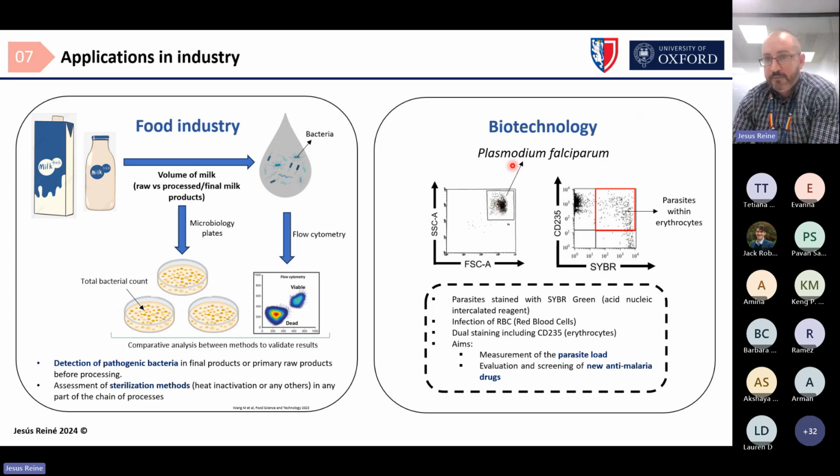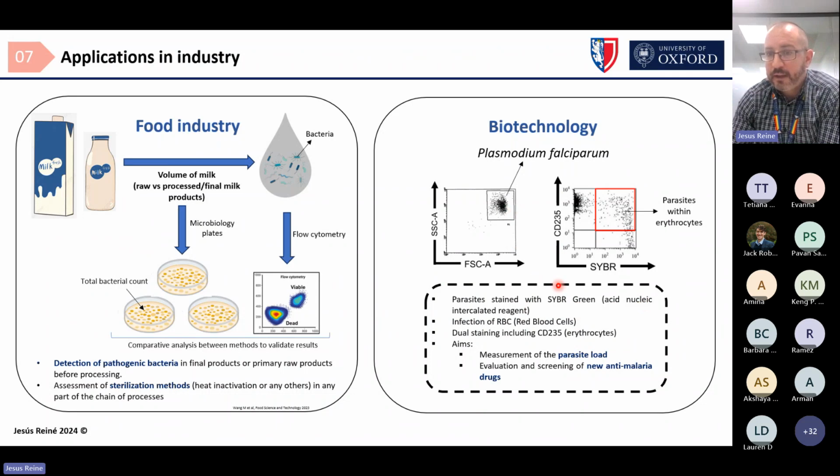From these parasites, what they do to identify the parasites in the cytometer, because as you can see, not all the pathogens can be recognized by antibodies because we haven't yet characterized all the antigens against them. So in this case, they have Plasmodium falciparum coming from a cell culture, and they put a marker which is called SYBR Green. SYBR Green is a marker that can be used to intercalate and stain the parasite inside, particularly its nucleic acids.